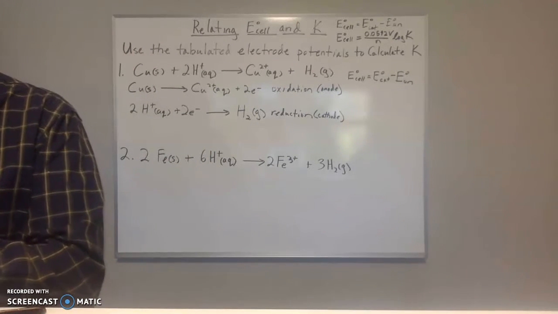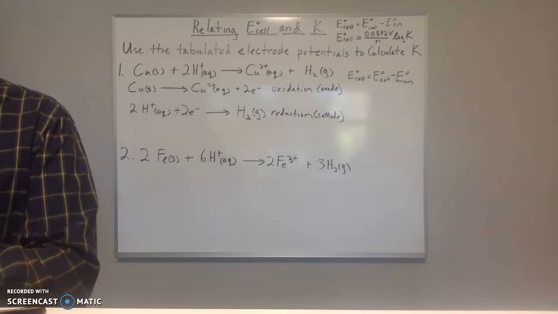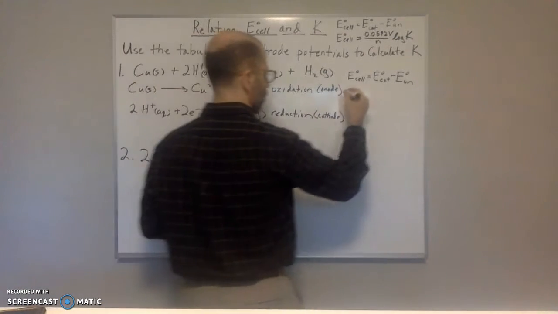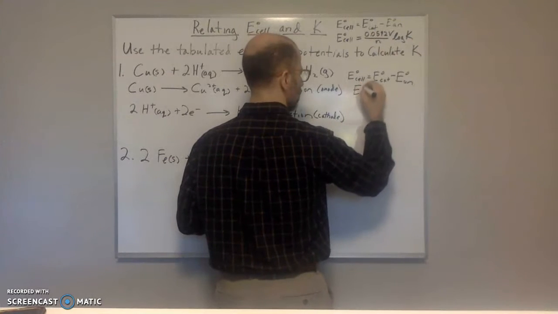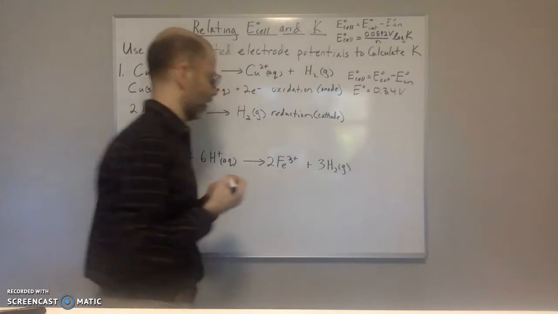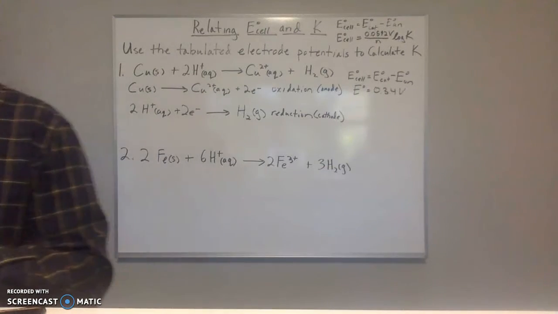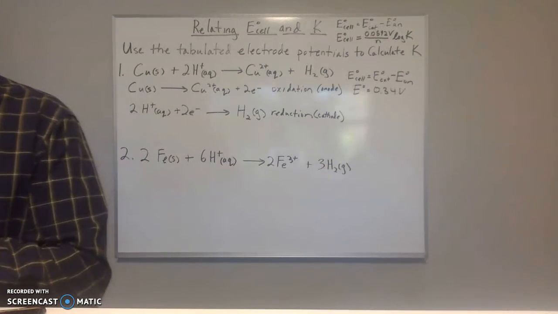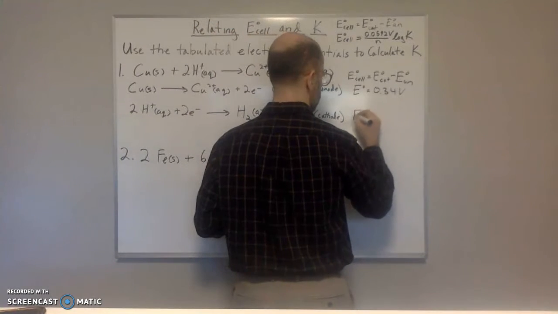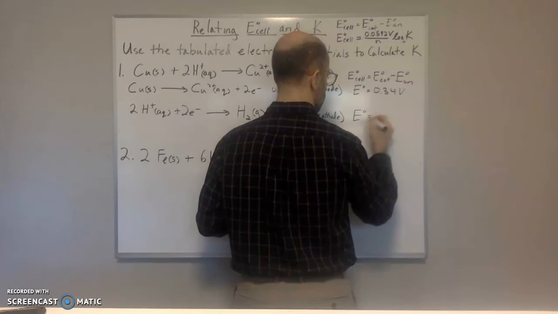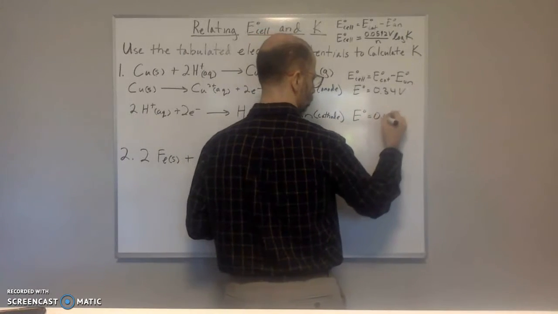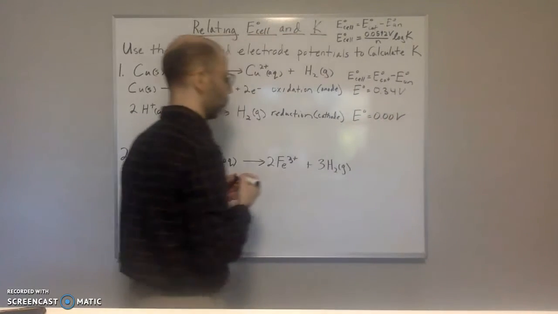And what we get for the copper is 0.34 volts, and for hydrogen it's going to be 0 because it is the standard. So the electrode potential is 0.00 volts.